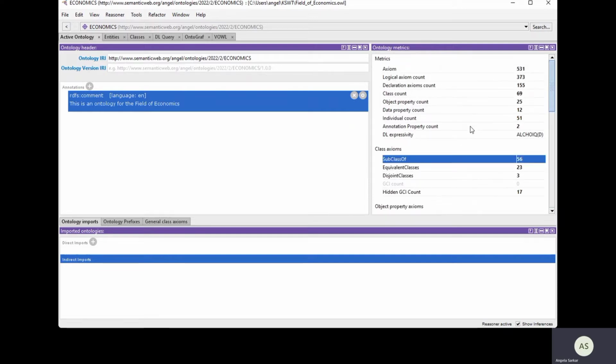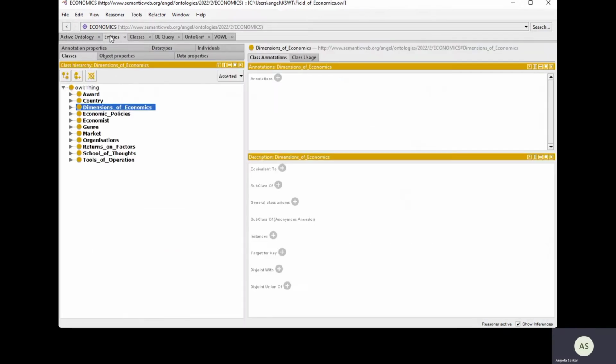The ontology is created from scratch following NeOn methodology scenario 1, where we proceeded from requirement specification, then conceptualization, formalization, and implementation. So let's have a look at the entities of the ontology.